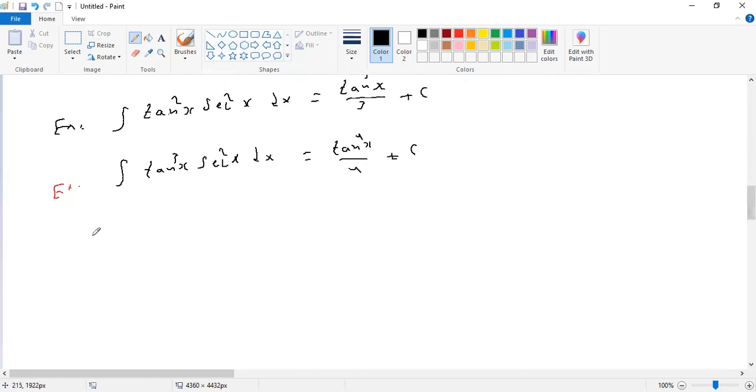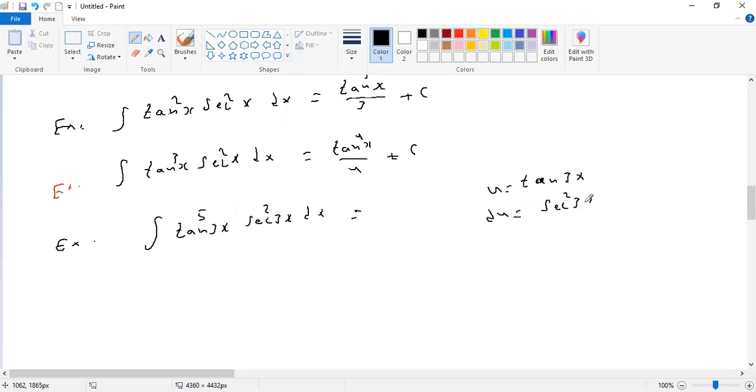Now the question is, if I have, for example, the integral of tan to the power 5 of 3x times secant squared 3x dx. What is the integral? If u is equal to tan 3x, the derivative of tan is secant squared 3x times the derivative of 3x, which is 3, dx.